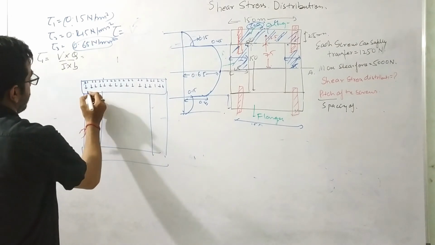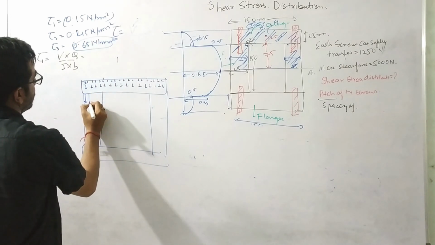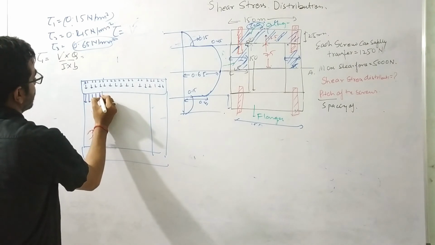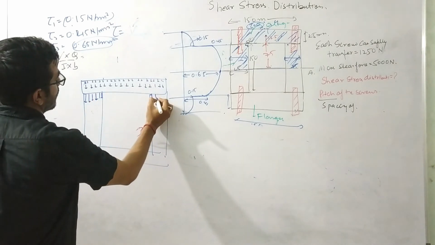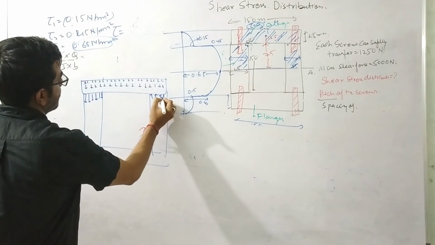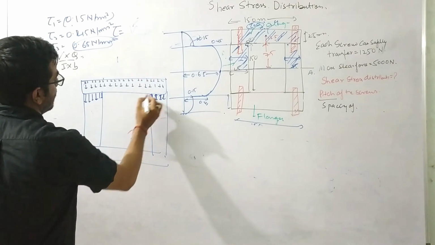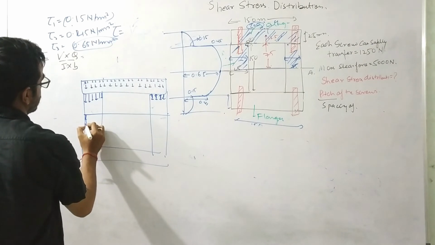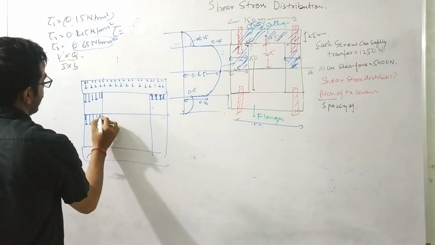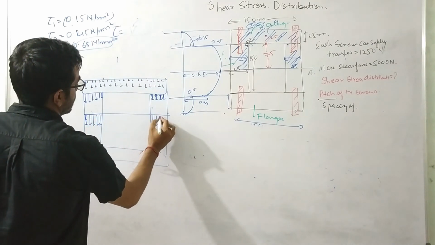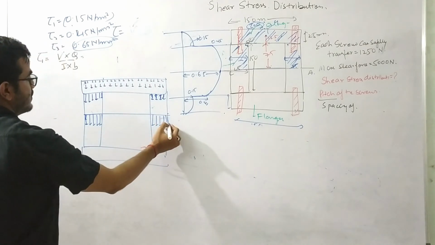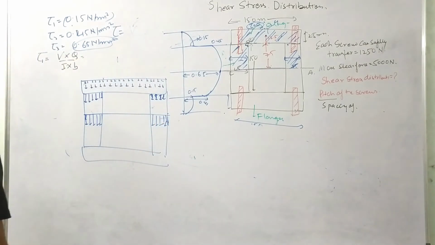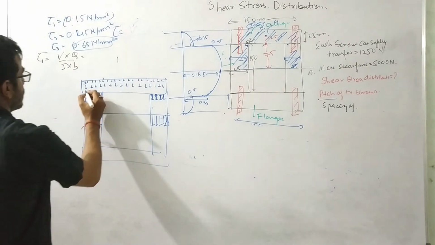At this point, it will shoot to 0.45. I'm drawing at this level only. At this neutral axis point also, it will be where the value will be maximum. This is the shear stress I am showing. So it will vary like this.